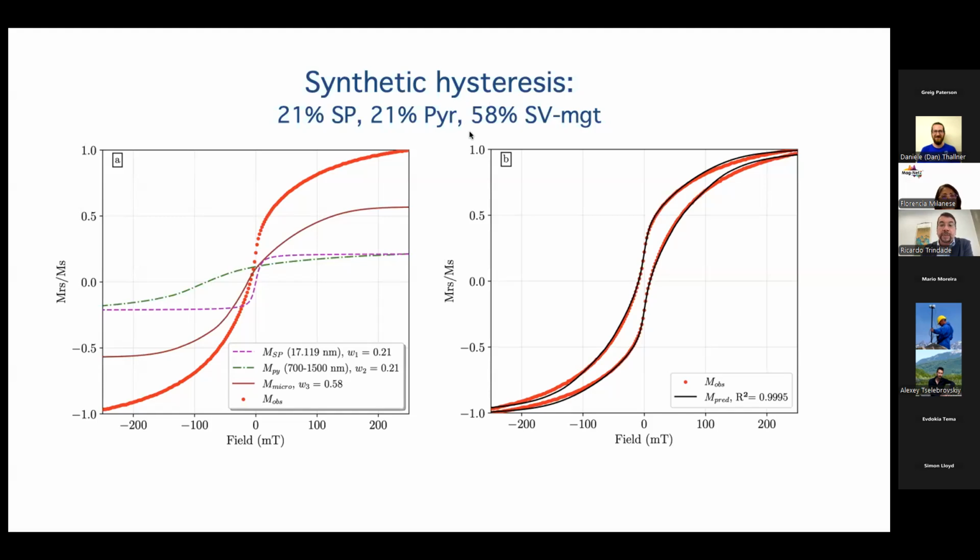We can show that 58% of the hysteresis signal can be modeled by a single vortex magnetite. Then we are left with 21% of the signal that must be modeled by pyrrhotite, and 21% more that is related to the superparamagnetic particles. So the comparison between our bulk measurements and the measurements done using nanoscale and microscale observations gives us a more quantitative assessment of the mineralogy that we have in our rocks.